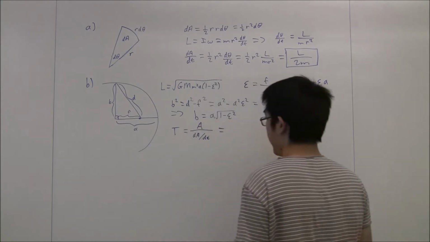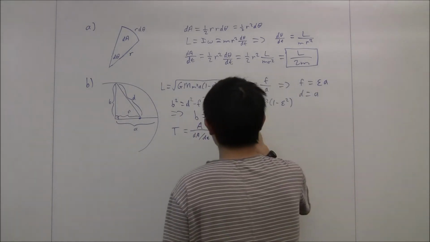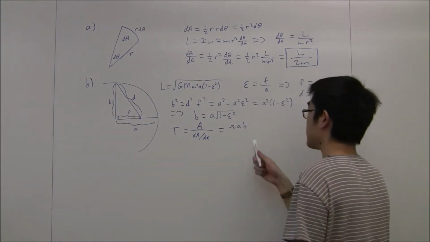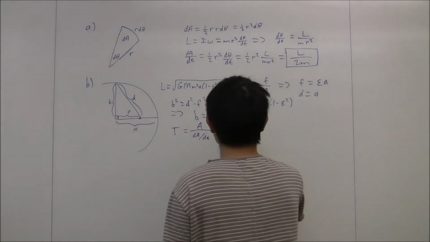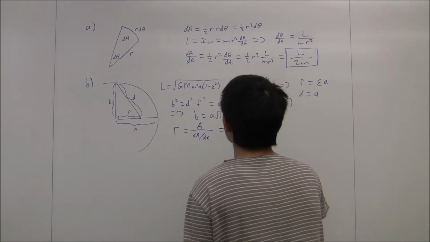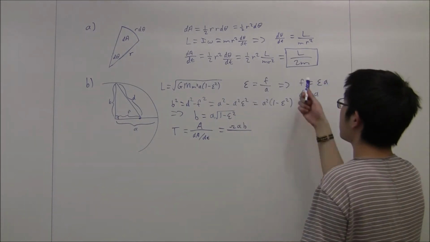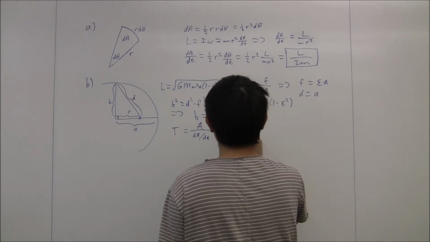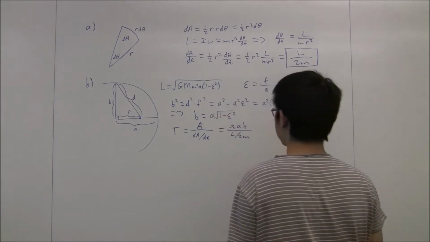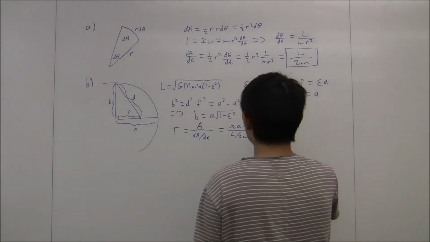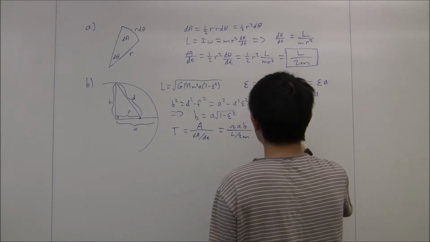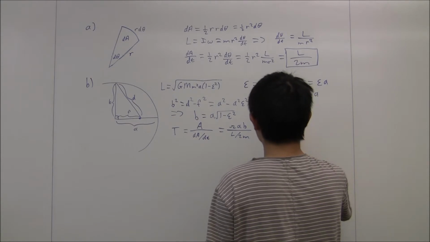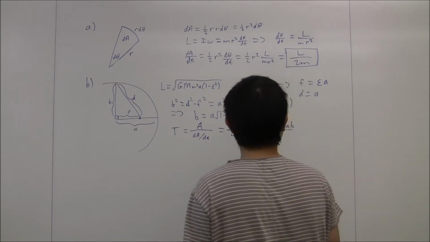So for an ellipse, the area is just pi times a times b, where a is the semi-major axis and b is the semi-minor axis. And that's all divided by, well, we can plug in our expression that we found in part A for dA dt. So that's L over 2m. So that just simplifies to 2m pi a b over L.